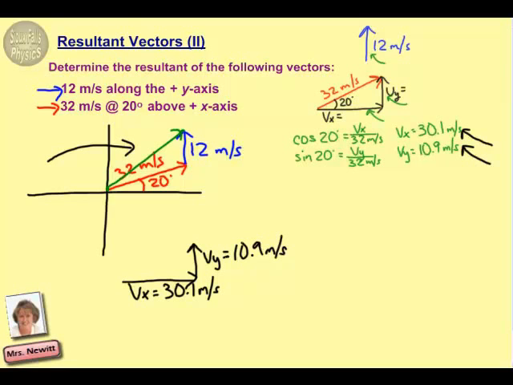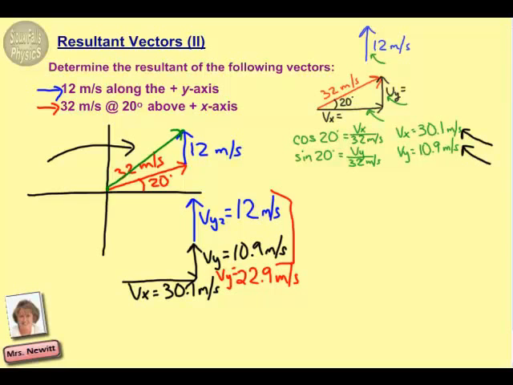And then we also have the vertical part that is added in from our other vector, and that vertical component, we can say that's vertical component 2, would be 12 meters per second. So now we get into the math part of it. These two together would be adding to give us a vertical component overall of 22.9 meters per second. So that is our vertical component of the resultant.